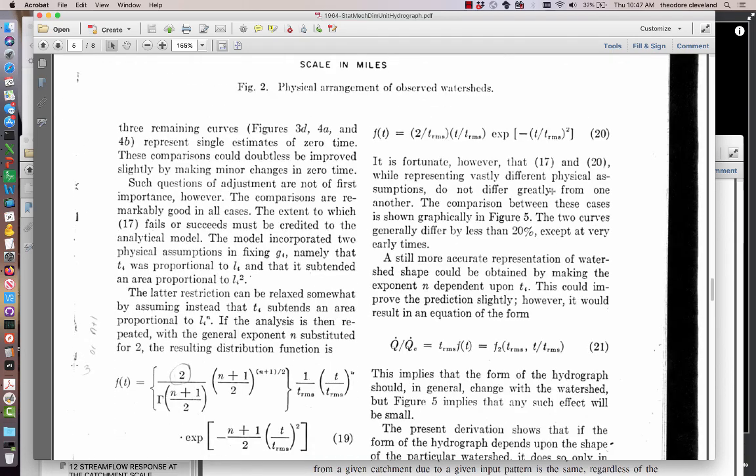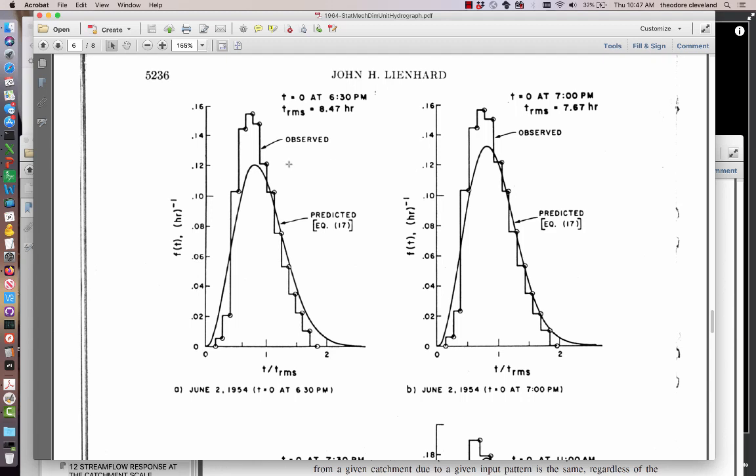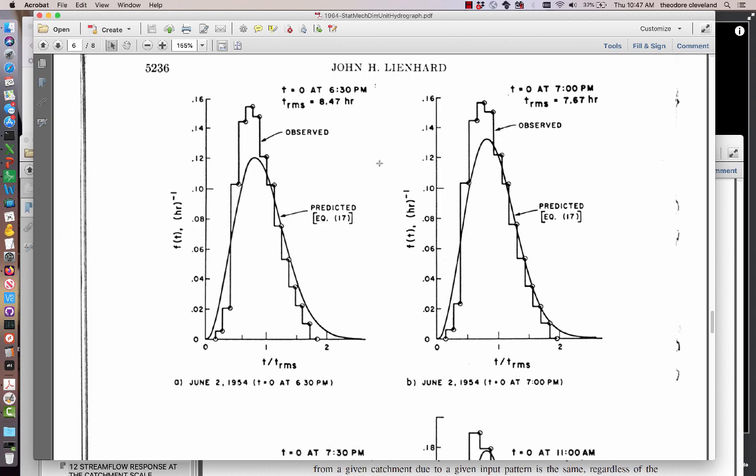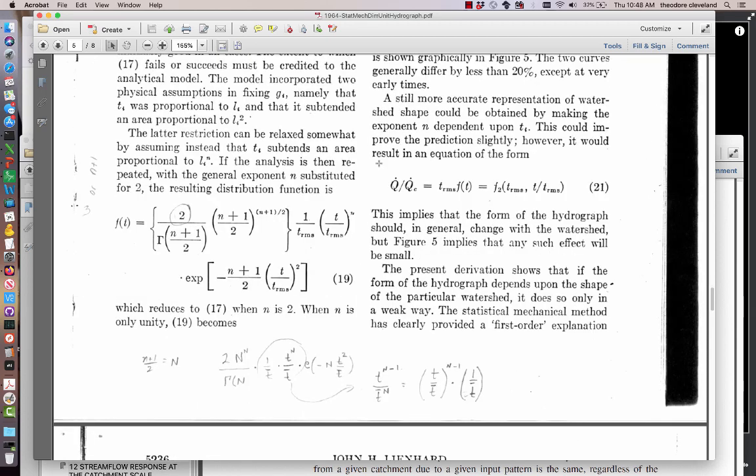These are his watersheds, and these are his observed values plotted as step functions, and his predicted hydrograph based entirely on Boltzmann's statistics and a couple of assumptions about watershed shape.